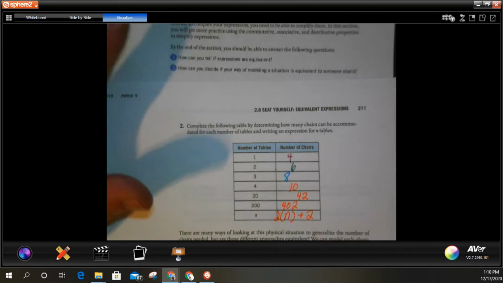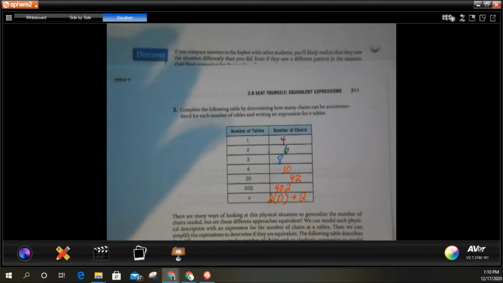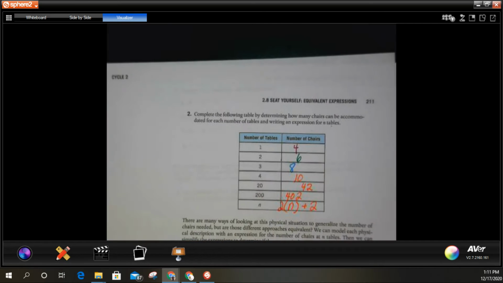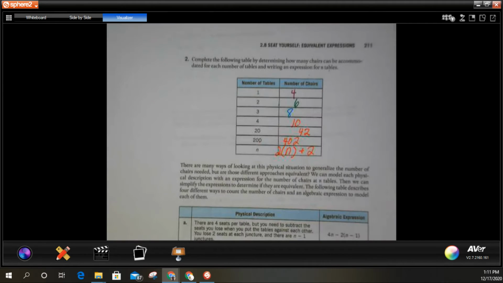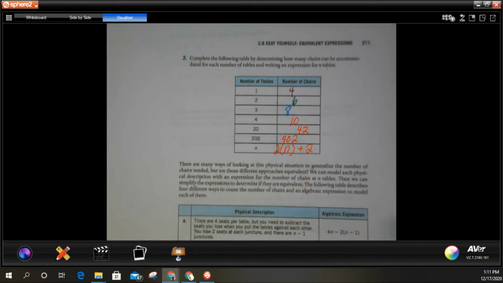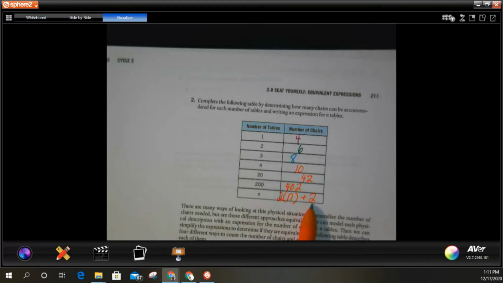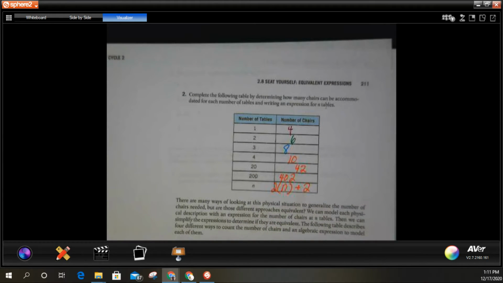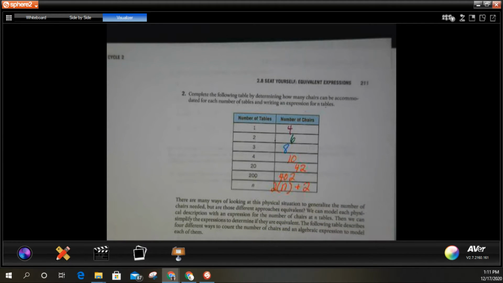So if I look at their little table down here, they actually have 4 different ways to come up with the general formula. You could take 4 times the number, and then subtract. Well, take that number minus 1 and multiply.